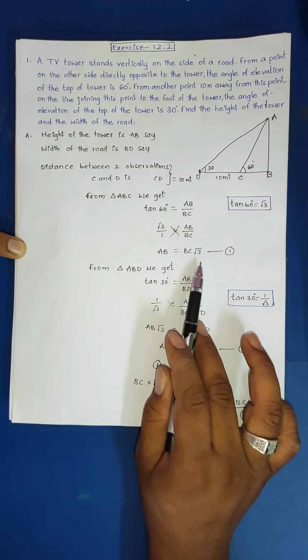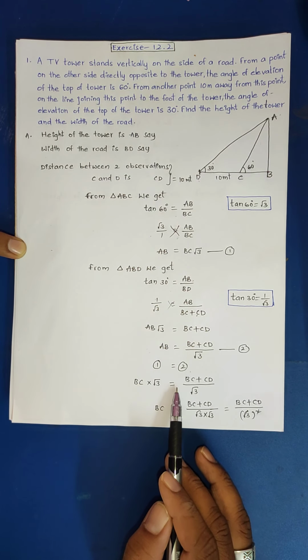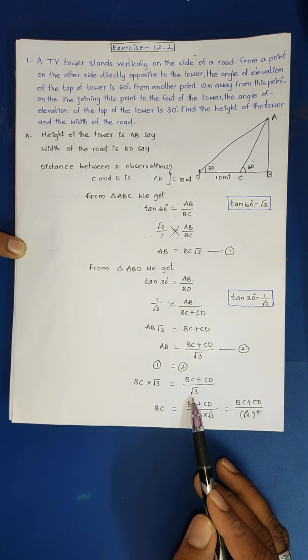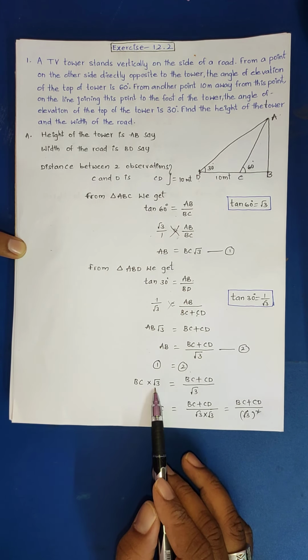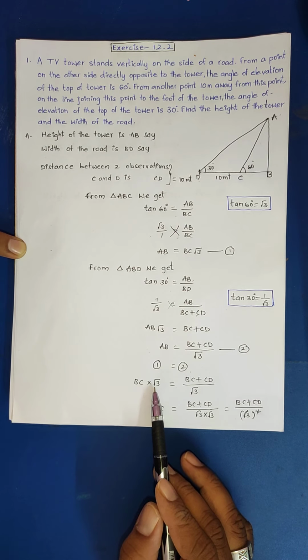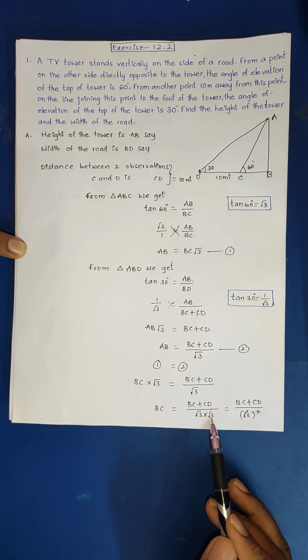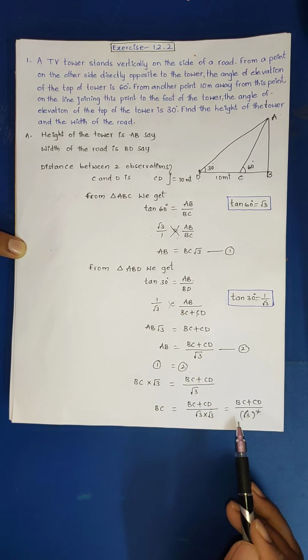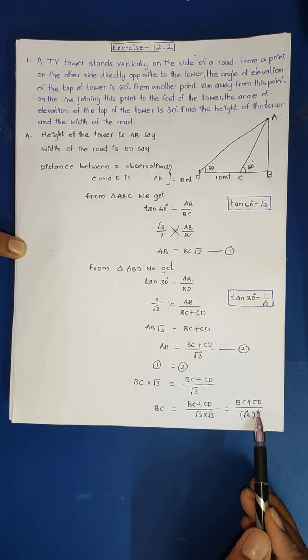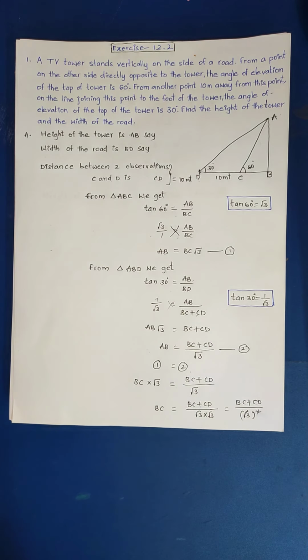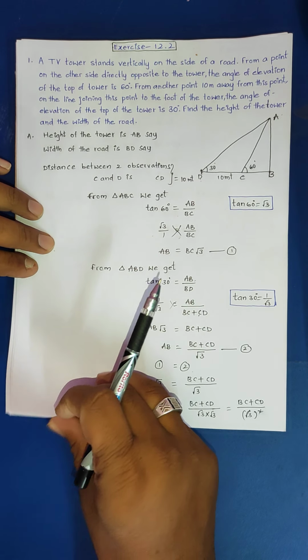First equation: BC root 3 is equal to the second equation, BC plus CD by root 3. Now this root 3, which is multiplying here, goes to the other side and becomes division. Root 3 into root 3 is whole square, square and root get cancelled. Now BC plus CD by 3.